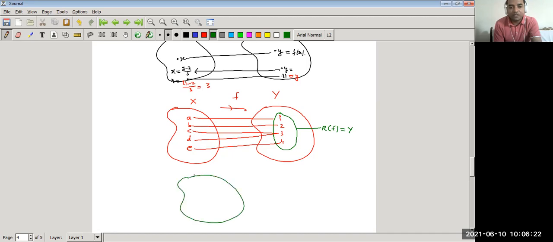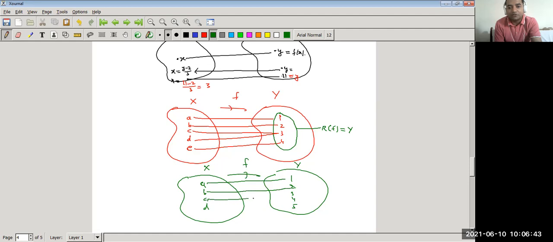Similarly, if we take any set x and y, f is a mapping from x to y, and a, b, c, d and 1, 2, 3, 4, 5 are the elements of domain and codomain. A is associated to 1, b is associated to 2, c associated with 3, and d associated with 4. Now in this case, what is the range? Range of this function is 1, 2, 3, 4.